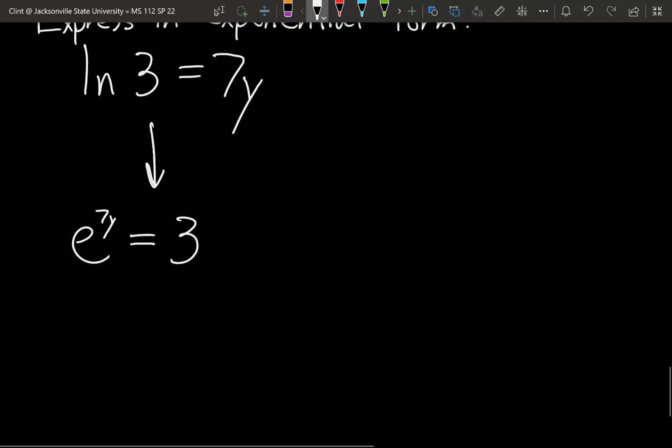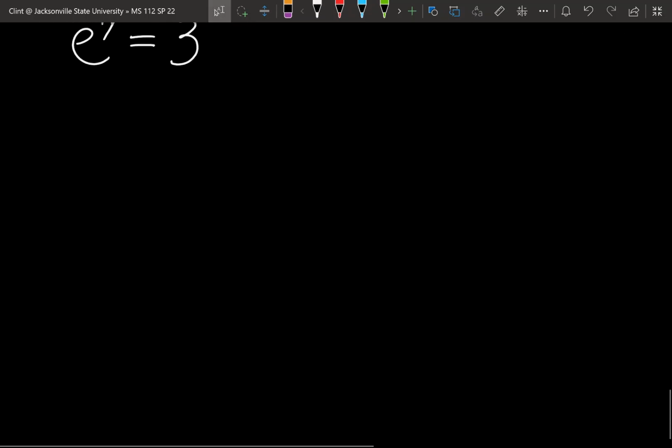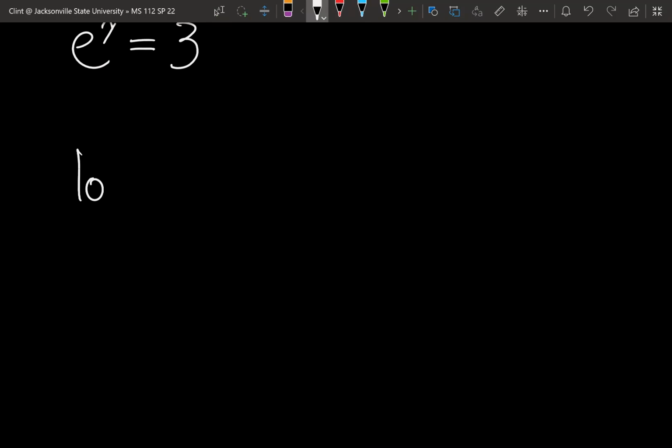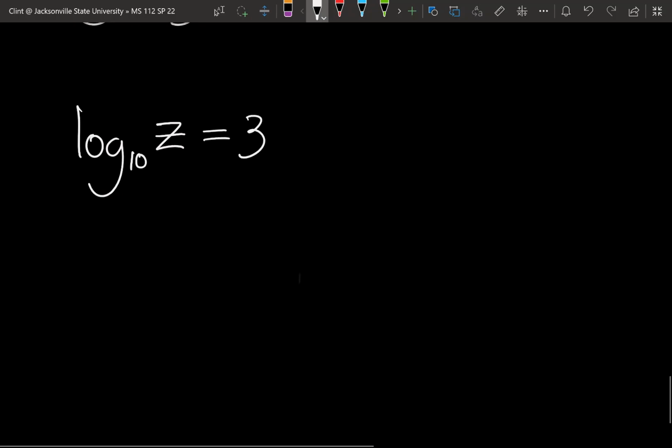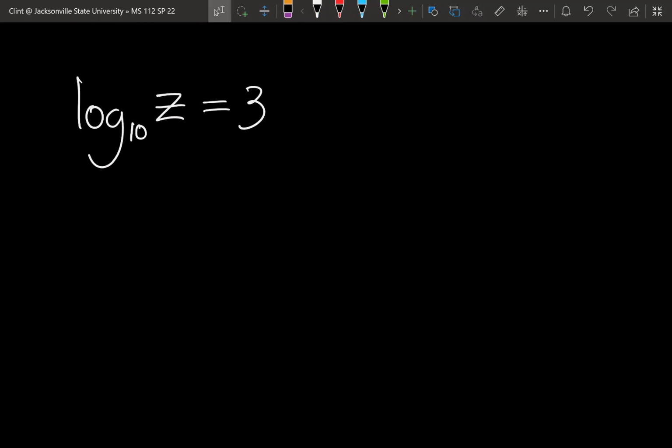Oh, let's do another one. Same thing, we're going to start out with a logarithm and rewrite it as an exponential. Okay. There's a logarithm equation. We change that to exponential form. Start with the base. So I wrote it on this one. We didn't have to, but I wrote 10 down there.